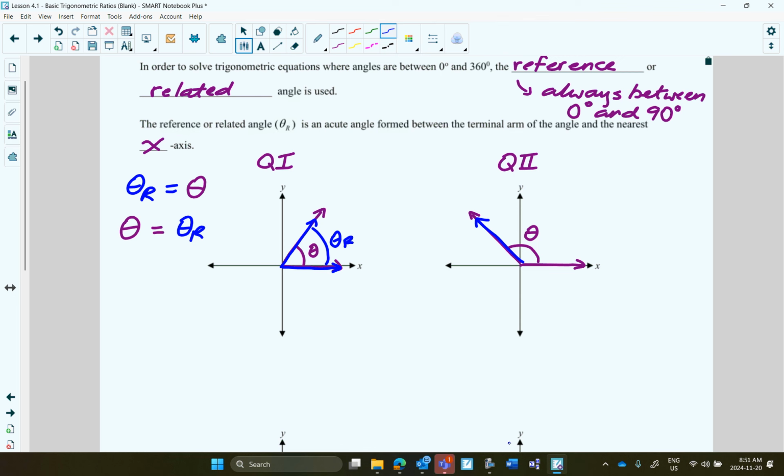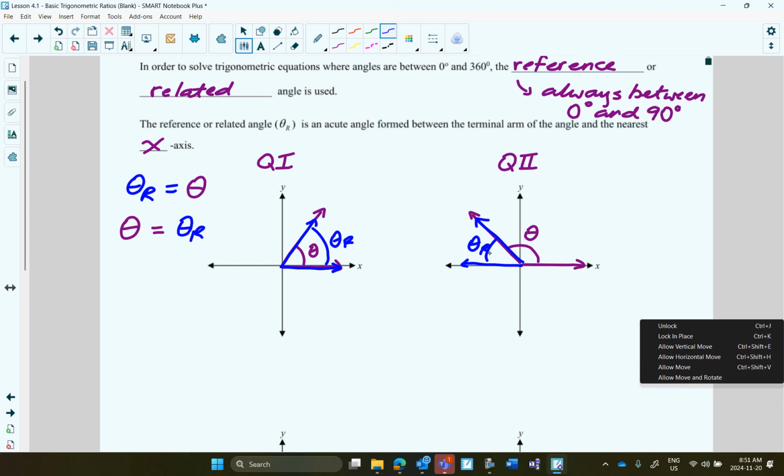Left side or right side? Left side. So this is our reference angle. What do you notice about the relationship between the two? Yeah, they add up to 180, right? So if you're given one, you find the other by doing 180 minus.